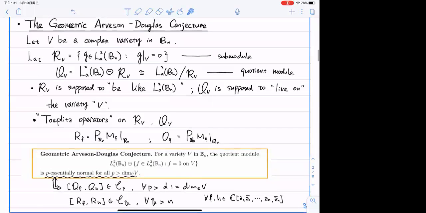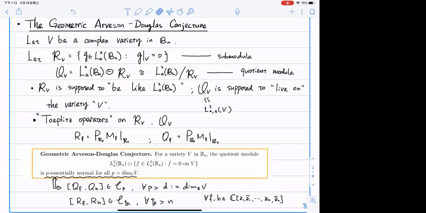Our studies show that, intuitively, this submodule is supposed to be relatively large. In some sense, it would be very much like the Bergman space itself. And the quotient module is supposed to live on the variety, in the sense that in some extremely nice cases, you can prove that this module is, up to some error term, similar to the weighted Bergman space on your variety.